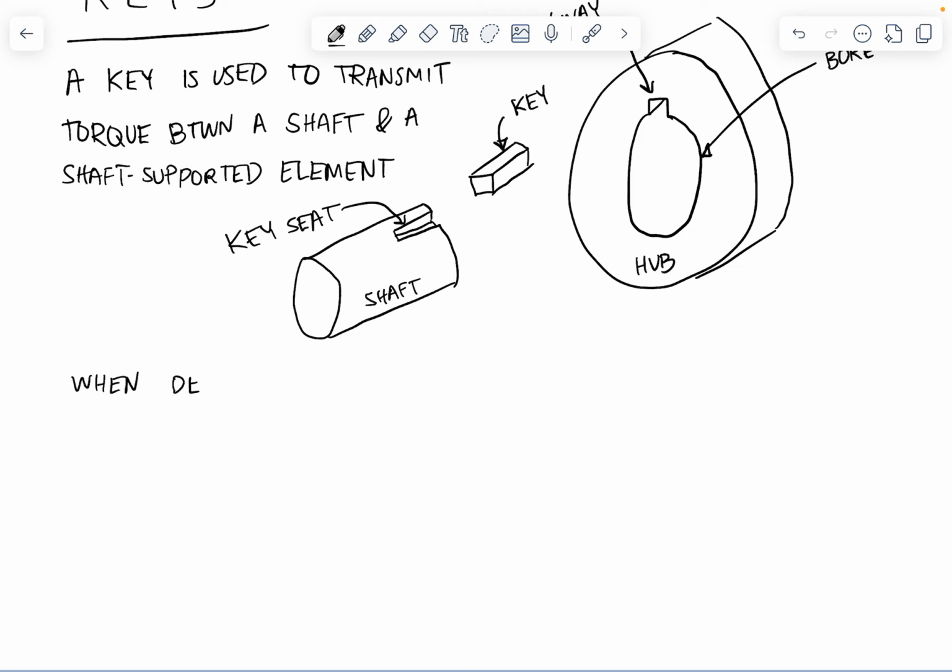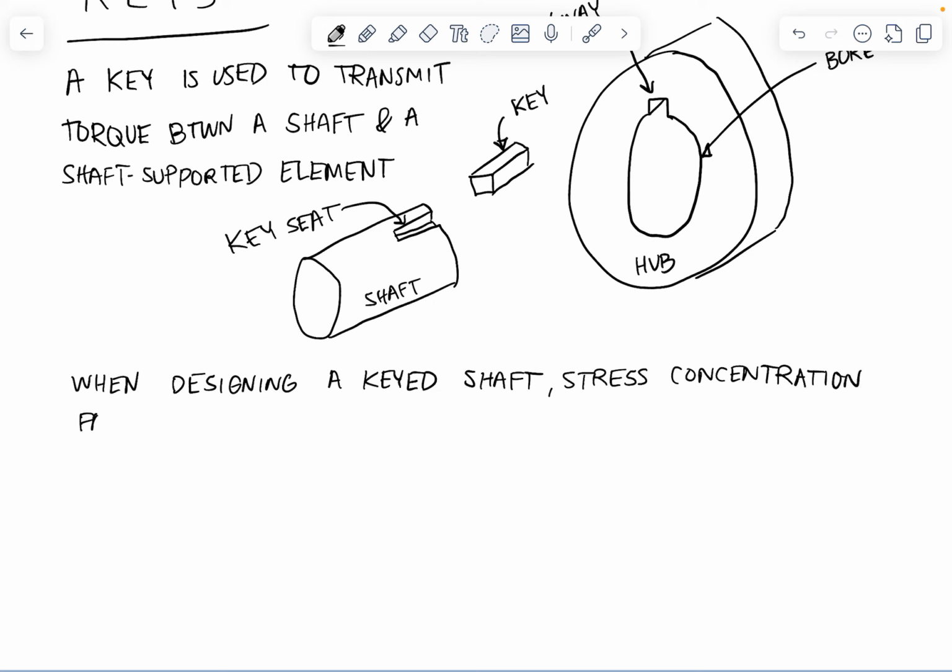So when designing a keyed shaft, stress concentration factors, which remember we denote with capital K sub T, should be considered.